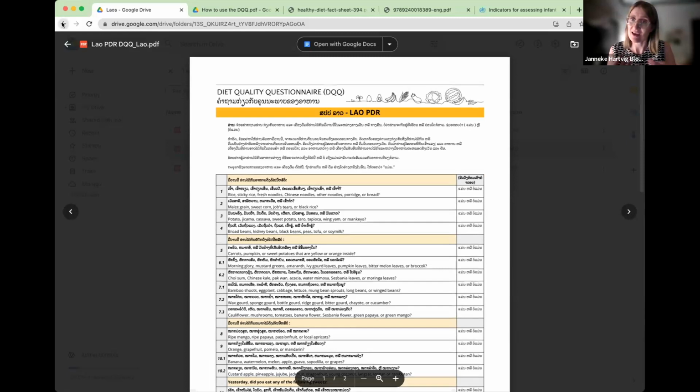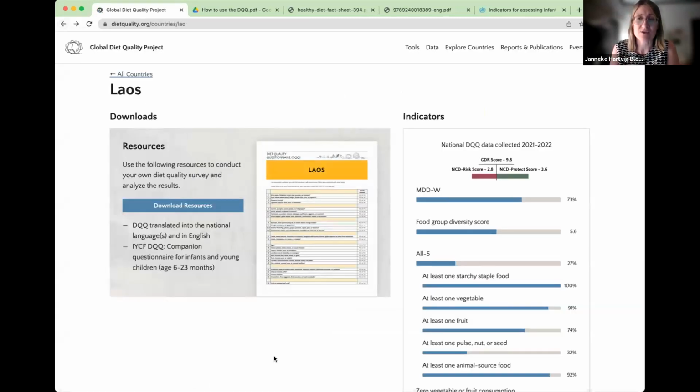And these adaptations were made prior to the undertaking of the data collection. The data was collected in the third and fourth quarter of 2021 and was collected through 1,000 adults.